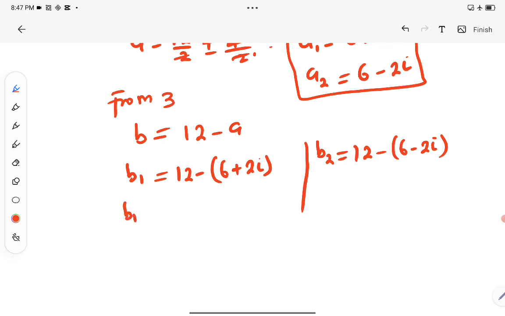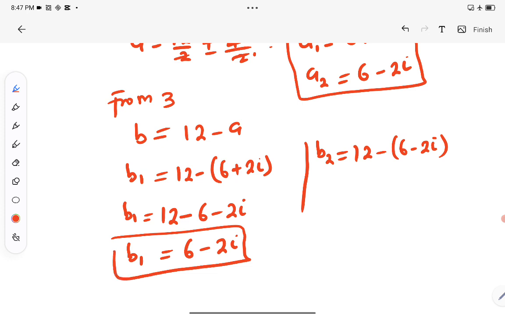Then B1 is equal to 12. If you open the bracket with this negative, we have minus 6 minus 2I. B1 is equal to 12 minus 6, this is 6 minus 2I. This is the value of B1.